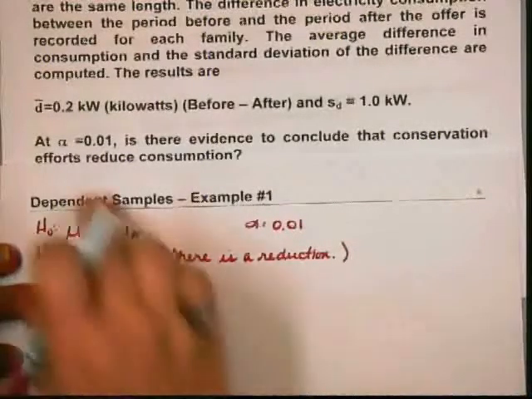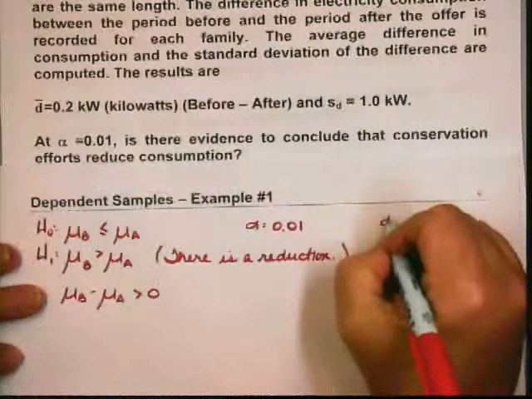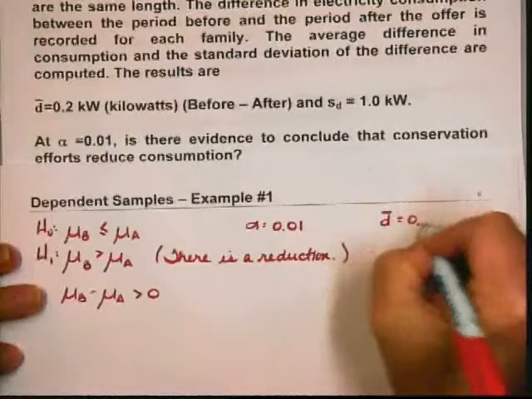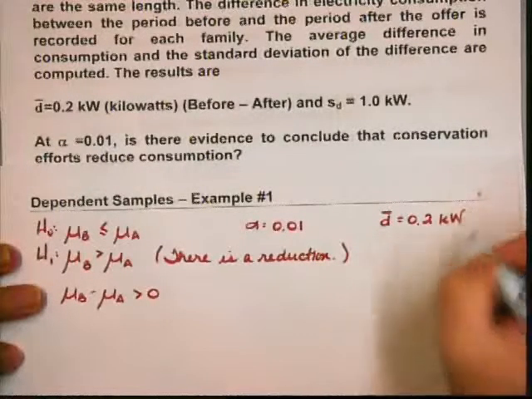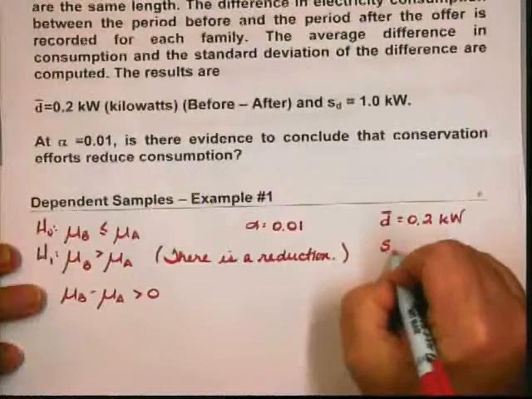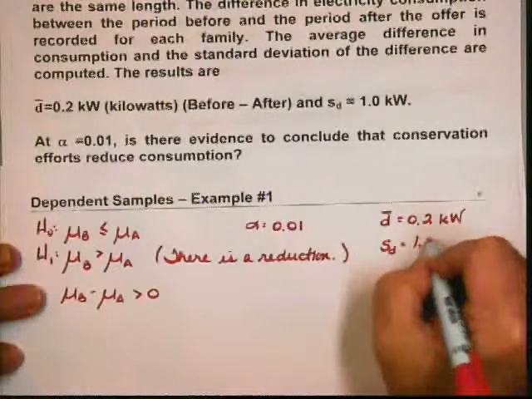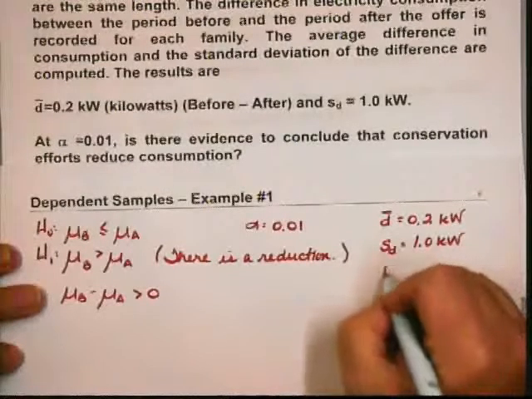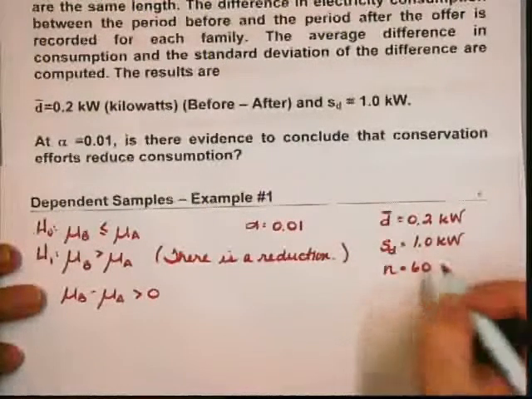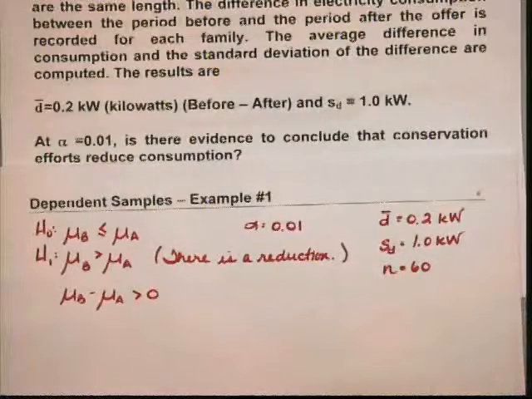And let's see, we need to recover some information here. Our average reduction, 0.2 kilowatts. And our standard deviation of all those is 1. And we did this based on 60 pairs, right?